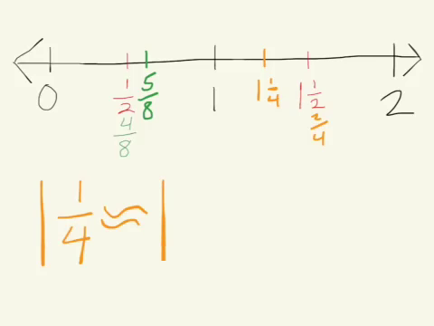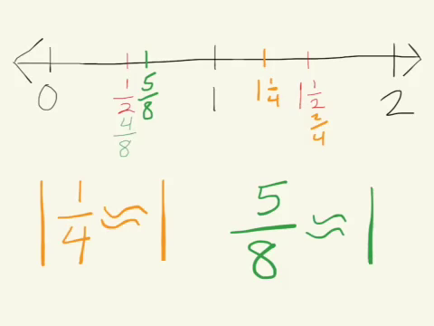So write this down. And that's because it was closer to 1 on the number line. Didn't quite make the halfway point. And we also had 5/8, which was also closest to 1. And by using a number line, we can see very clearly which whole number the fraction is closer to.